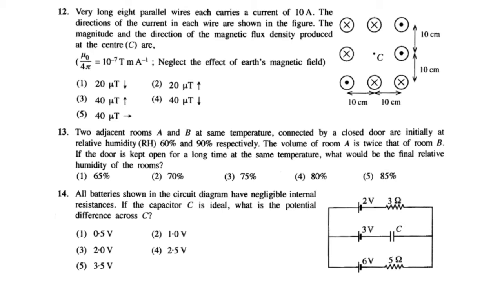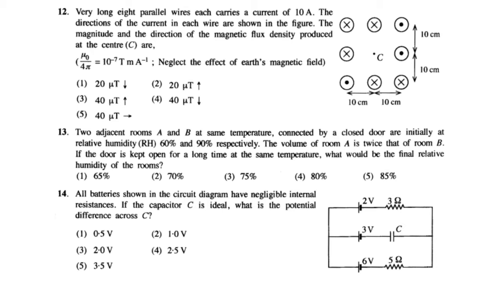Then 4 and 5. 4 is carrying current inside the book. So the magnetic field due to 4 at C is downwards, and when you go for the 5th one, its thumb is pointing outward, you can see the magnetic field at C is downward.